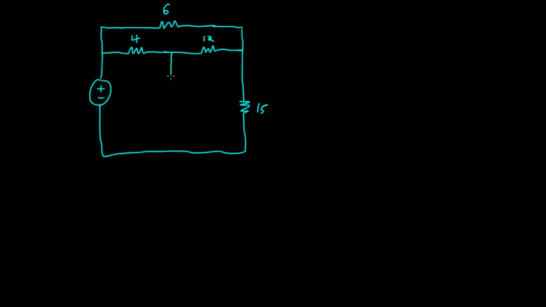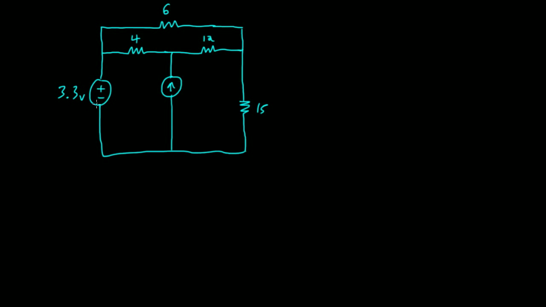And then right here, I'm going to put a current source. I still have to label my voltage source. Let's give it some interesting number. We always do 5 volts and 6 volts. Let's say that this is putting out 3.3 volts.